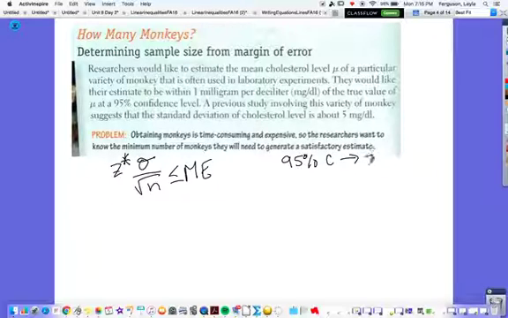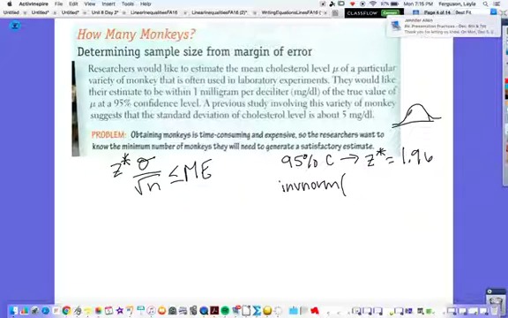And remember, when we do a 95% confidence level, our Z star would be equal to 1.96. If you remember or don't remember how to do that, remember you can do inverse norm. 95% confidence means that you would have 5% that was not covered underneath your standard normal curve. And so you would split that between your two tails. So each tail would be 2.5%.